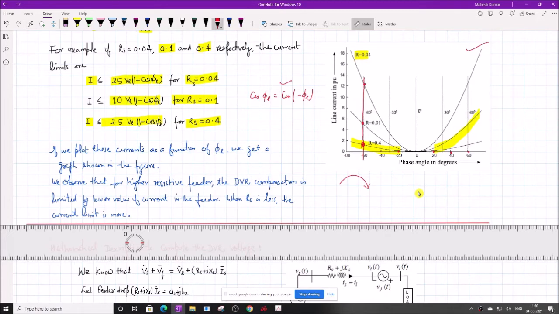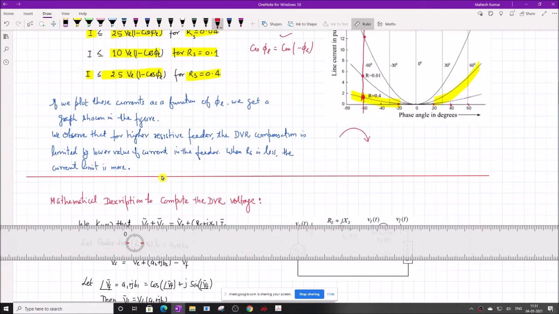As you have seen, it is basically the product I into Rs, which must be less than something. So whether I or R doesn't matter. If R is more, I has to be less. You cannot have more current. If I is more, the resistance has to be less. So this is about the values of the current to be compensated, the current to be taken care of, or the field resistance, and its value has to be within some limits.